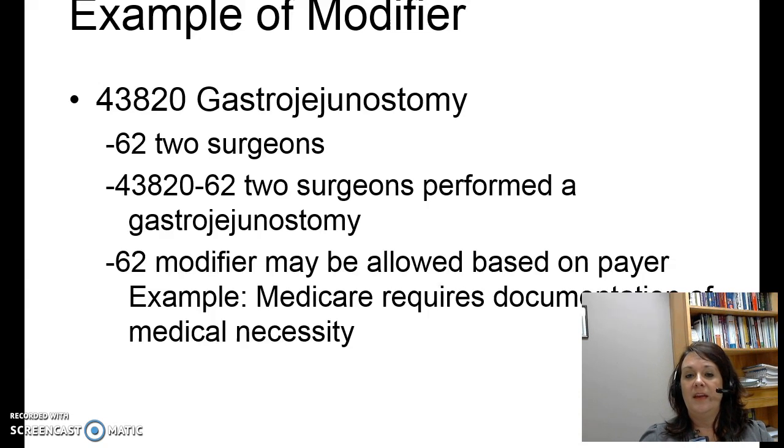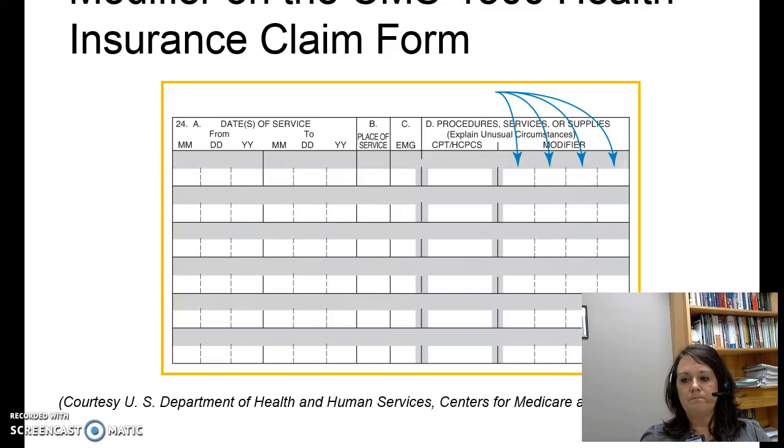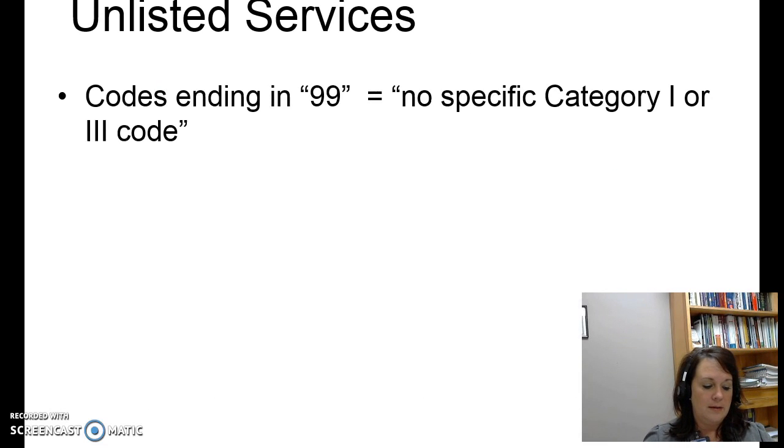We can get more money for that. Every physician's going to get paid. There's a spot for modifiers on the claim form, which we already went through earlier. We kind of skipped over it because we do it a lot in reimbursement class. It's not that big of a deal that you understand it. But you can use up to 4 different modifiers. So you can add a lot of different information to that story to make it right.